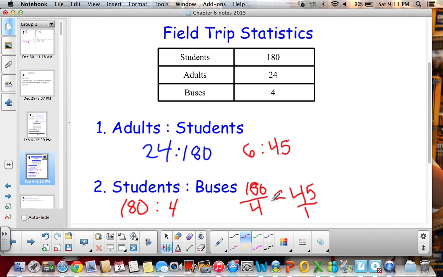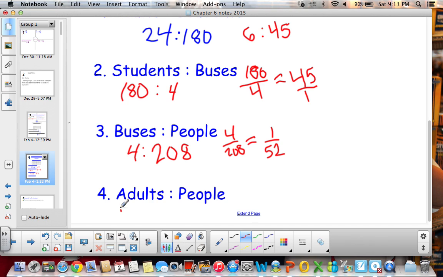And then adults per people, there's 24 to 208, and then 208, so both of them divided by 4, we have 6 over 52, and then if we divide both of them by 2, we have 3/26. So there's 3 adults for every 26 people on the field trip.